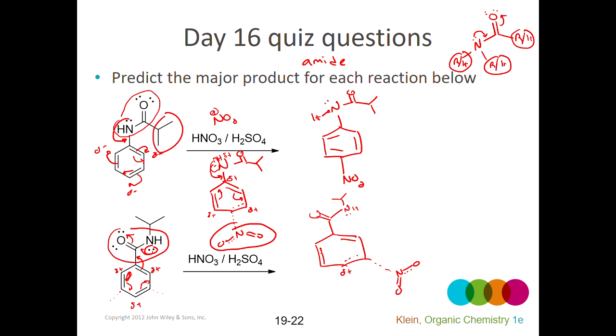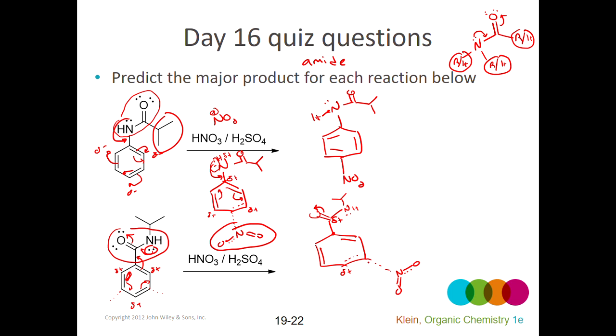Well, the idea there is this oxygen is pulling electrons out, creating a big partial positive here. So as long as I can avoid the positive in the ring existing right next to that, I'll be able to avoid some instability, and it'll happen through a lower energy transition state and be more stable. And that's what we get.